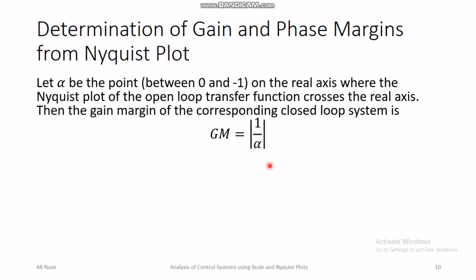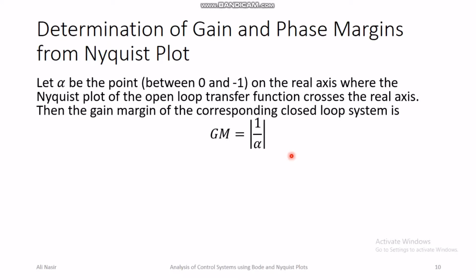You look at the crossing of the Nyquist plot on the negative real axis, on the left half plane, and if there is a crossing at some point alpha, then the absolute value of 1 over alpha will be the gain margin. For example, if there is a crossing at -0.1, then the gain margin will be 1 over 0.1, which will be 10.